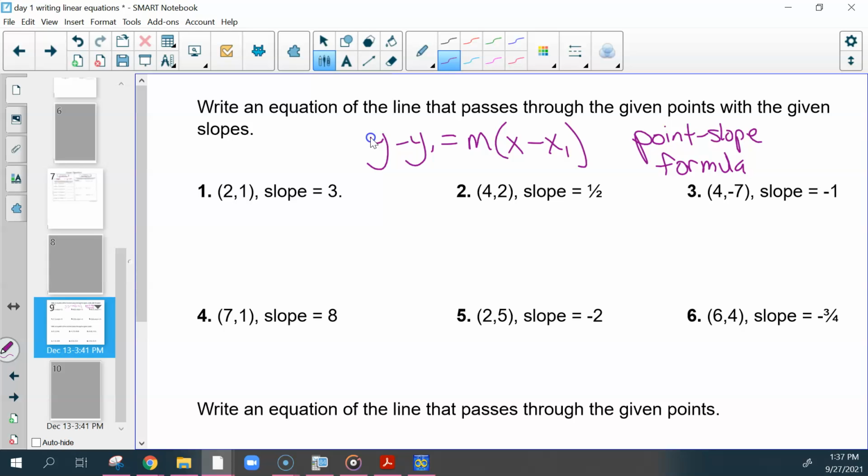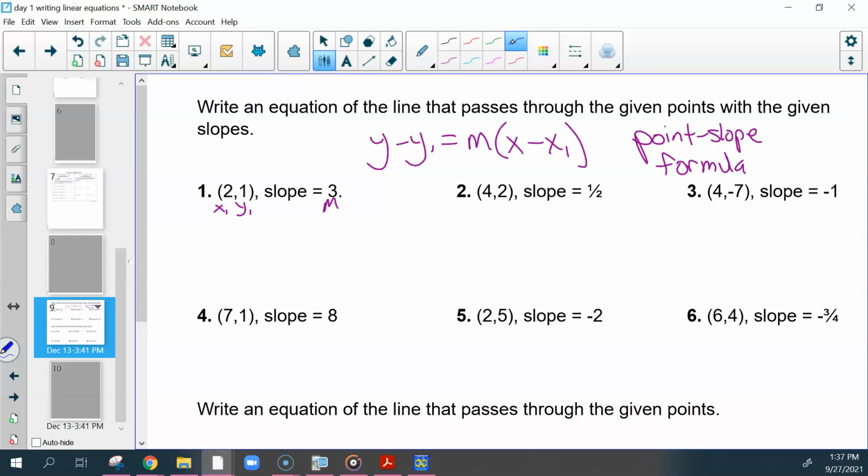So for this, I would label everything just so you know what is what. So the point would be your x1, y1. Slope is m. So those three things you're going to put into the formula and start solving. And it will look something like this.